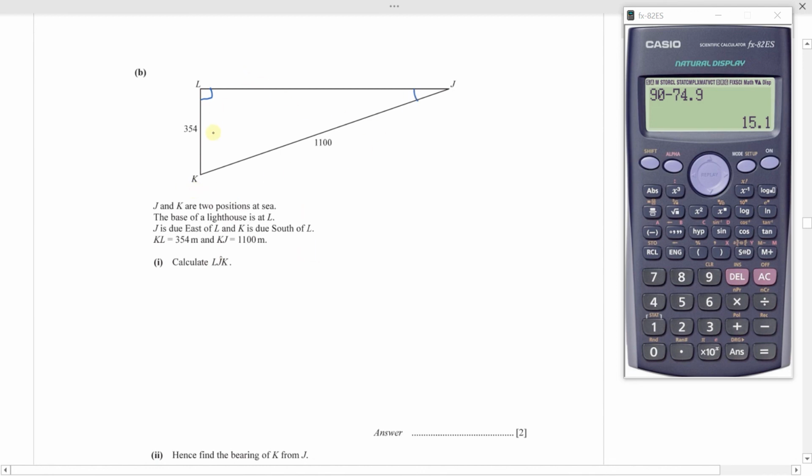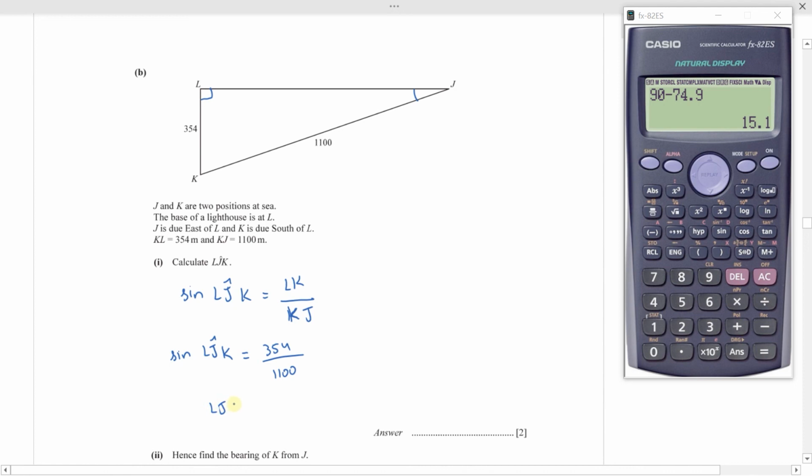So this is a right angle triangle, so I can use sine of LJK, which will be this perpendicular height, LK, divided by this hypotenuse, which is KJ. So sine of LJK will equal LK, which is 354, divided by KJ, which is 1100.